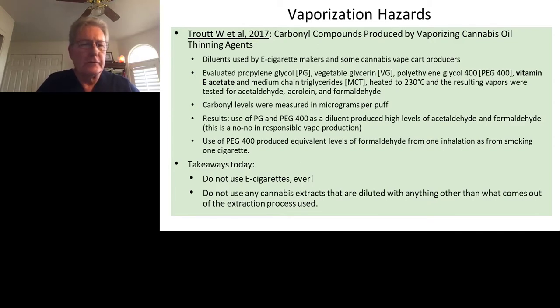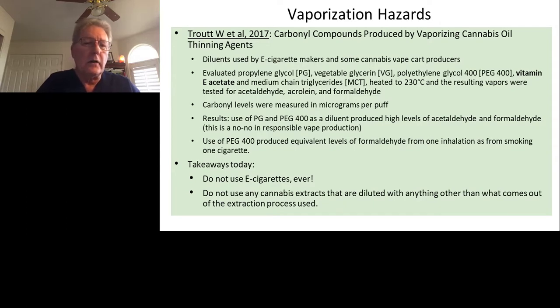We should never see a thinning agent or a flavoring agent ever being used in a cannabis product, cannabis oil that's being vaporized or being used in or added to flour. What we find is that the products that have been studied can produce some pretty toxic things.